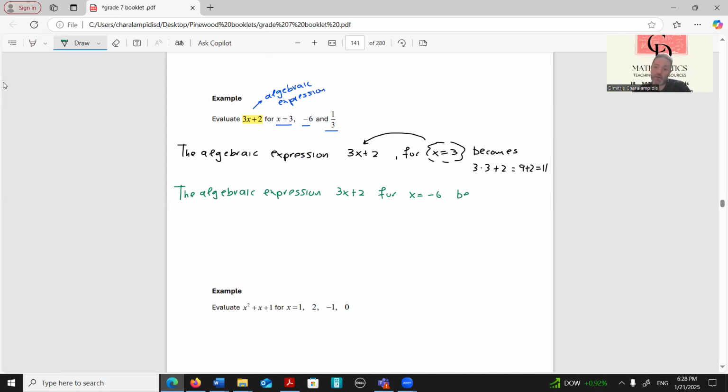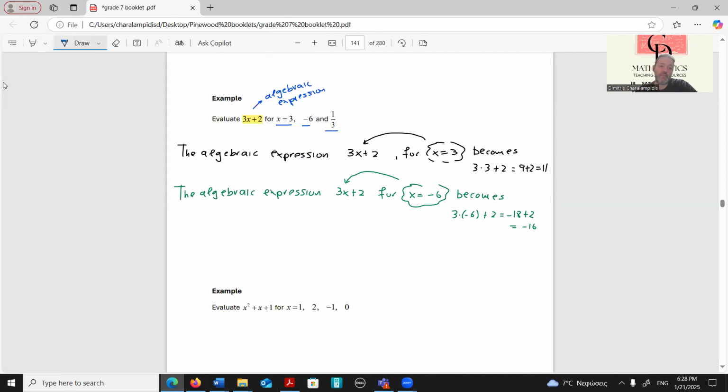This time, however, if we place negative 6 instead of x, similarly, I should substitute that instead of x. This time it should become 3 times negative 6 plus 2, which is negative 18 plus 2, which is negative 16, which means that the numerical value of this algebraic expression for x equals negative 6 is equal to negative 16.